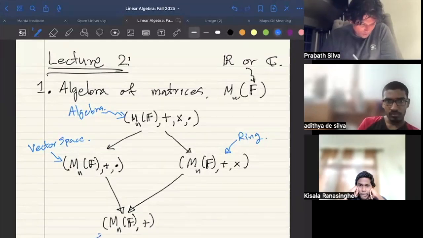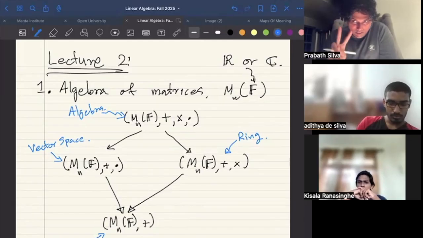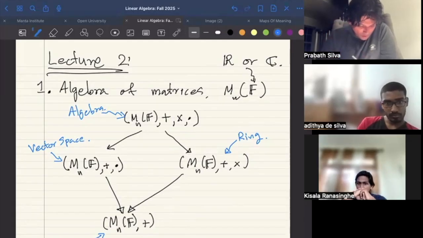And actually, since the field F, so this F, R and C, those are going to be fields, because F is commutative under addition, this one is going to be an abelian group.